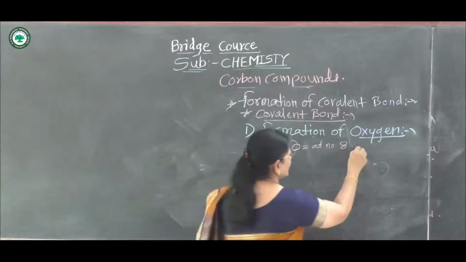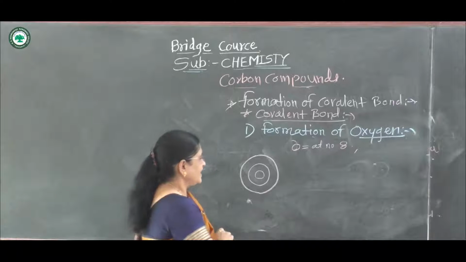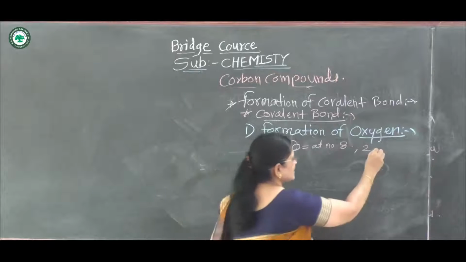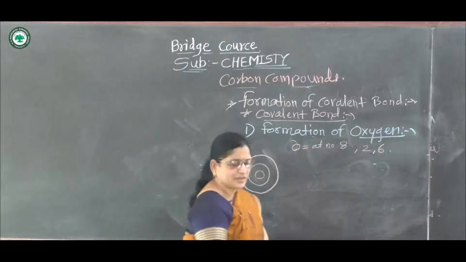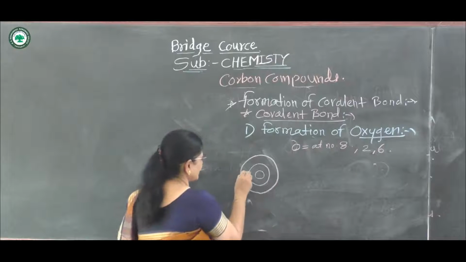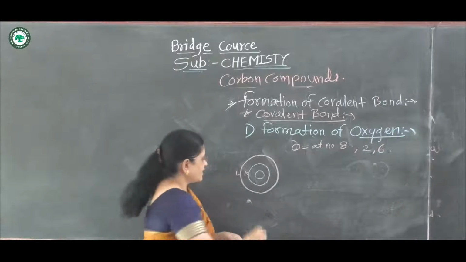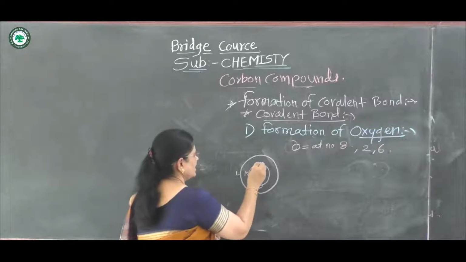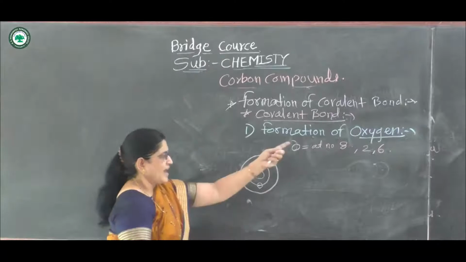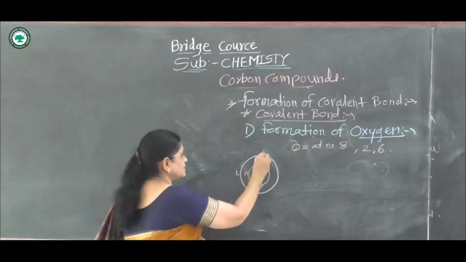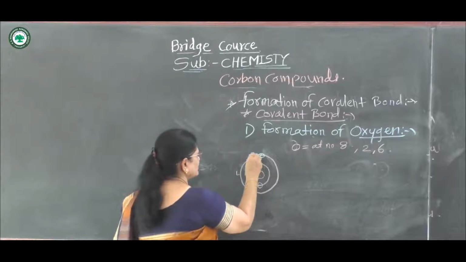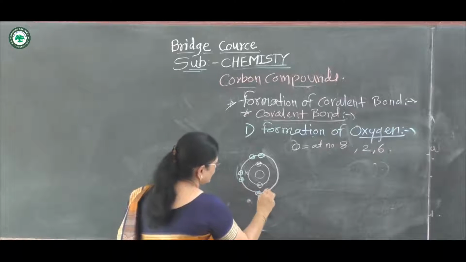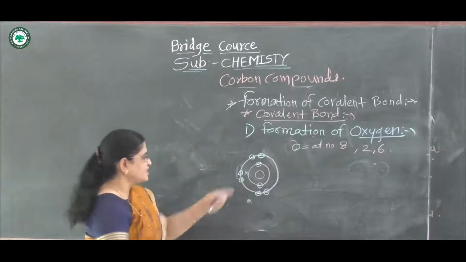The electronic configuration of oxygen is 2 electrons in the first orbit and 6 electrons in the second orbit. This is the K shell and this is the L shell. In the K shell there are 2 electrons, and in the outermost orbit there are 6 electrons. This is the first atom.